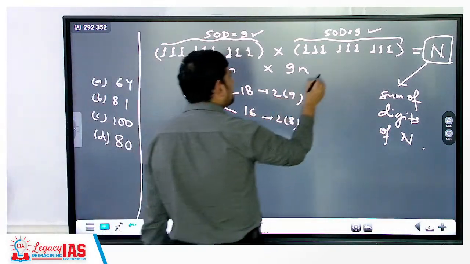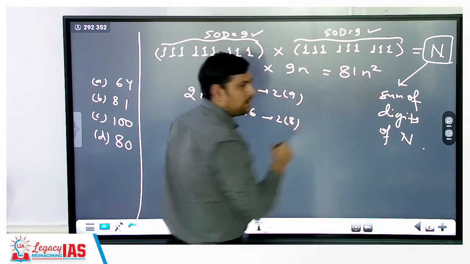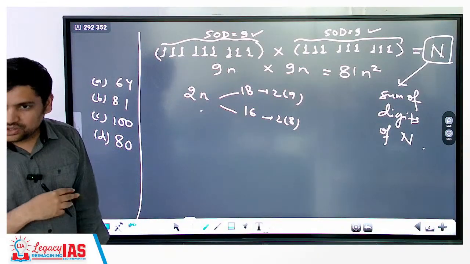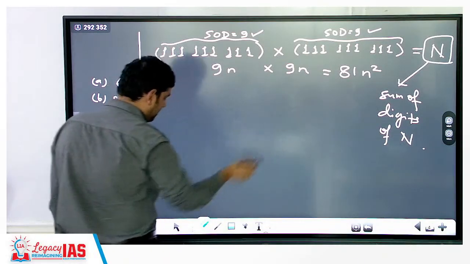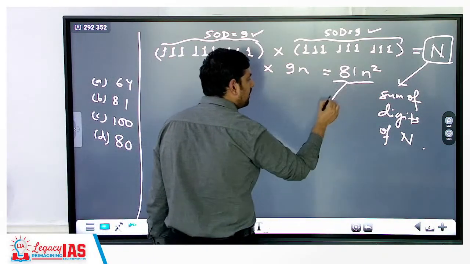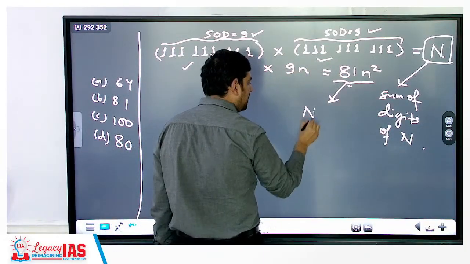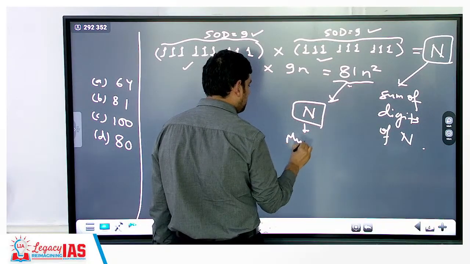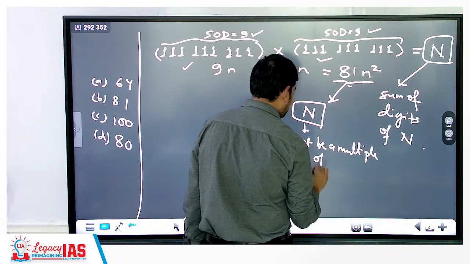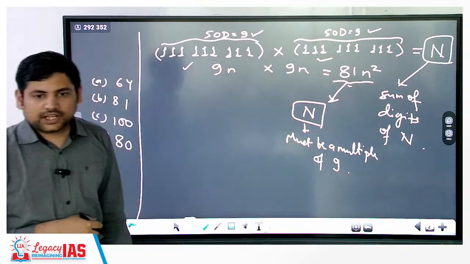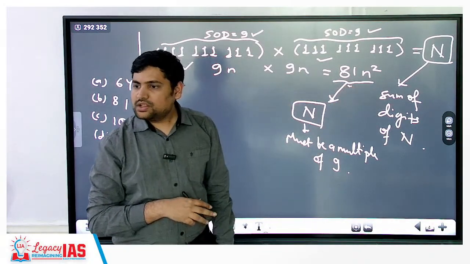If I multiply both of them, what will I get? Whatever I get here, understand one thing: if this is a multiple of 9, this is also a multiple of 9. Whatever I get as n must also be a multiple of 9. You can see that from here also, because it is 81n square, it is clearly a multiple of 9.